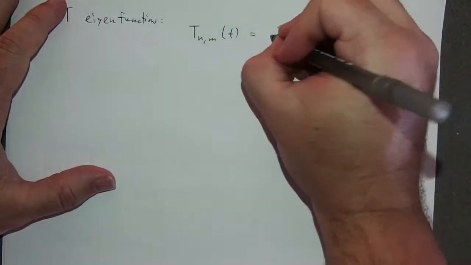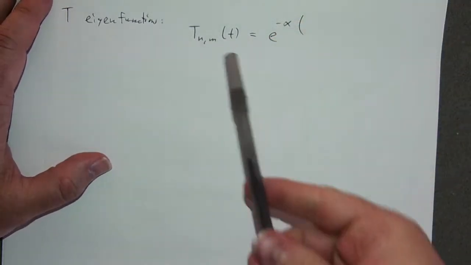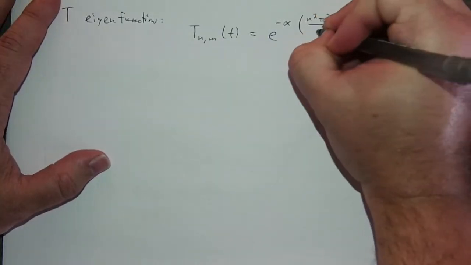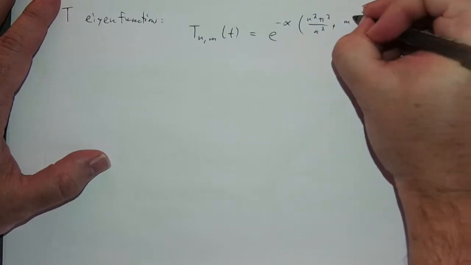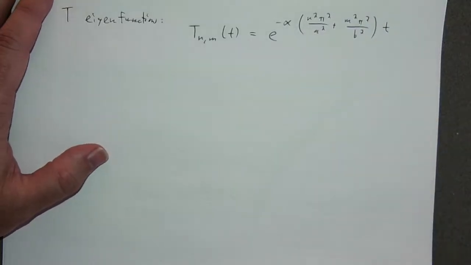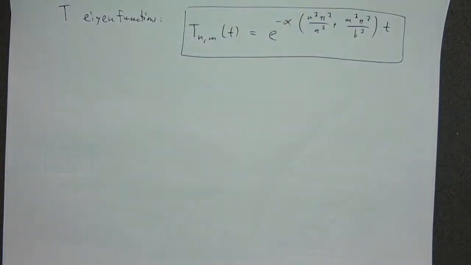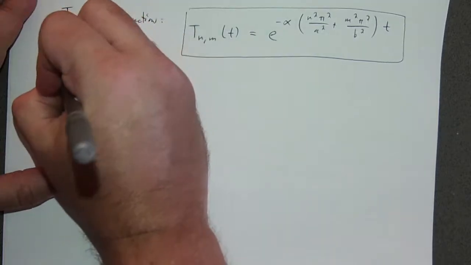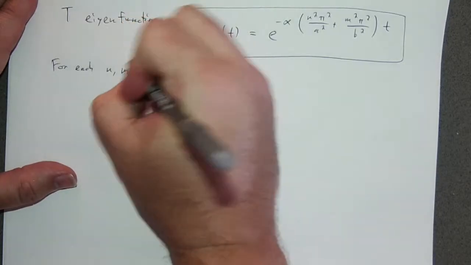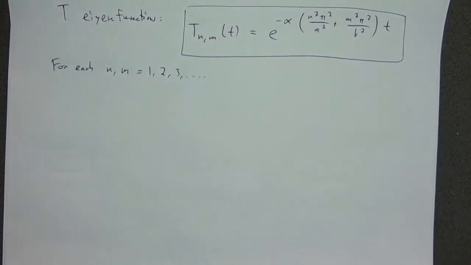Okay, and this is e to the minus alpha times lambda nm, which I'll write as n squared pi squared over a squared plus m squared pi squared over b squared, times t. And so now, for each n and m equal to 1, 2, 3, and so on, each of them are indexing exactly the same way.